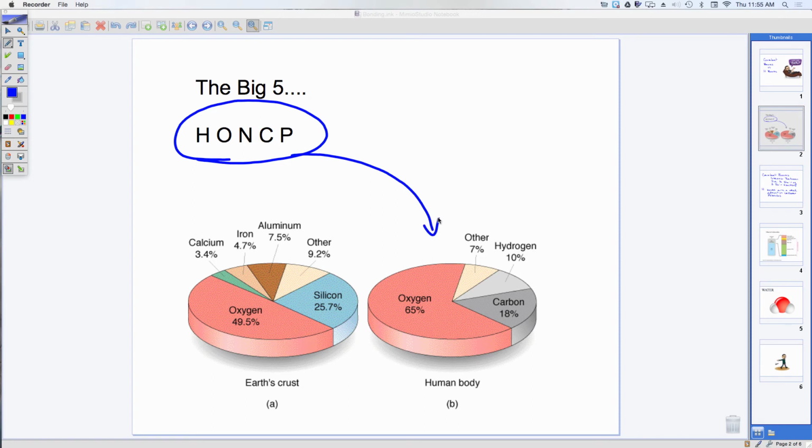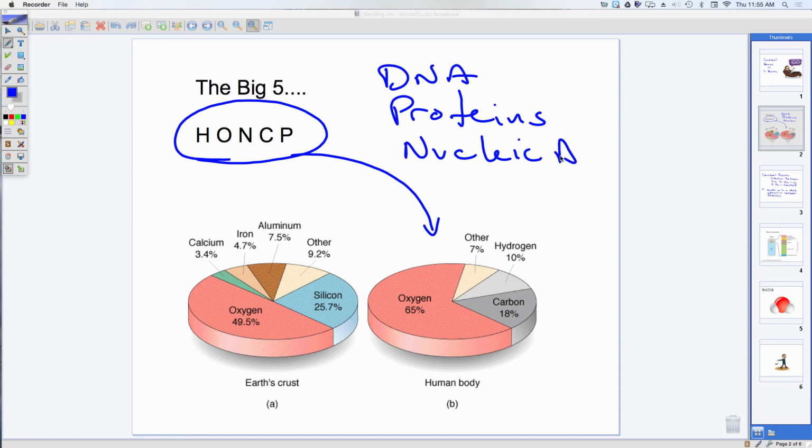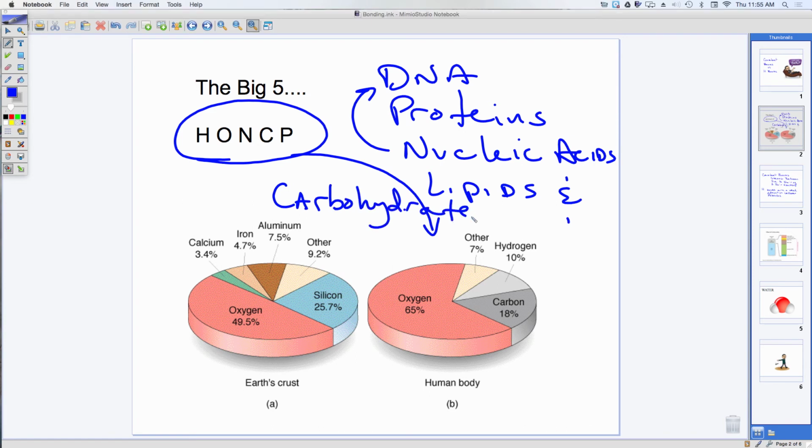And these four elements are responsible for making biological molecules like proteins, nucleic acids, which are DNA, lipids, and carbohydrates. So learning about how molecules bond together will help you understand the structure of the core molecules that make up living systems.